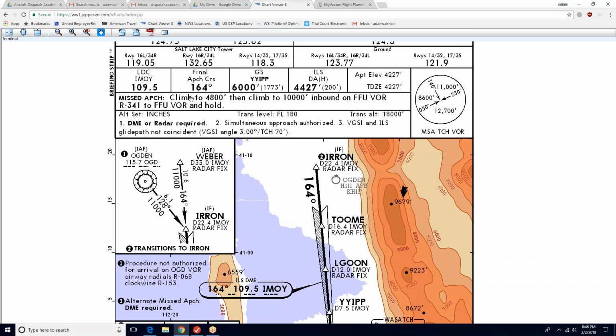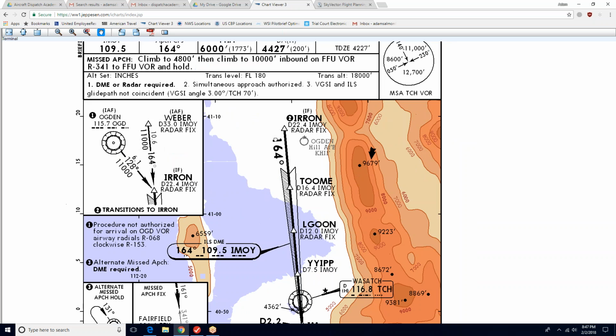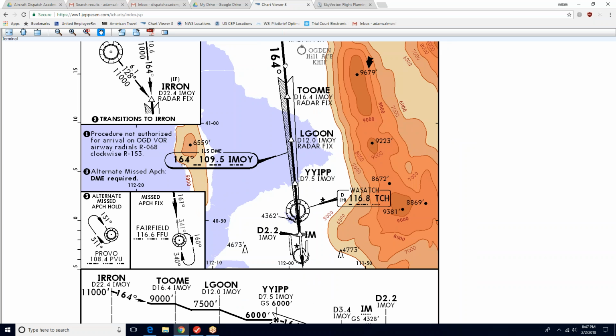radial. The first part of that climb, you're just going to still be flying the same exact direction. So if you come all the way down the instrument approach here, you don't see the runway, and then you do your missed approach, you actually just keep flying the same direction, and you climb heading that same direction to 4,800 feet.